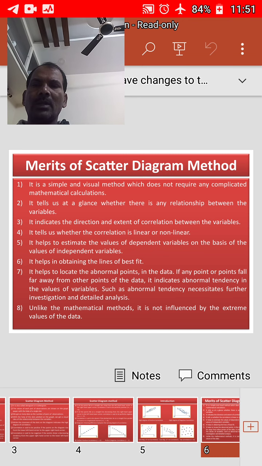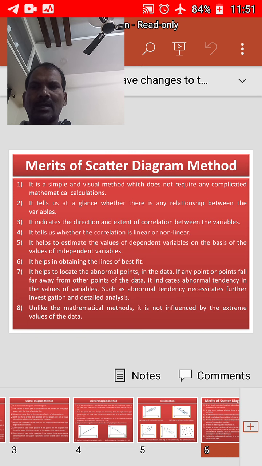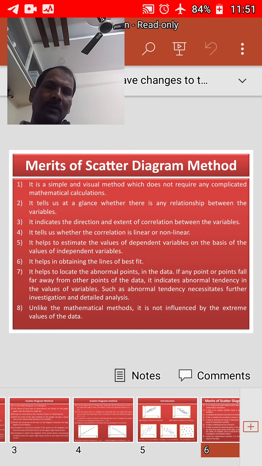If any point or points fall far away from other points of the data, it indicates an abnormal tendency in the value of variables. Such an abnormal tendency necessitates further investigation and detailed analysis. Unlike the mathematical methods, it is not influenced by the extreme values of the data.